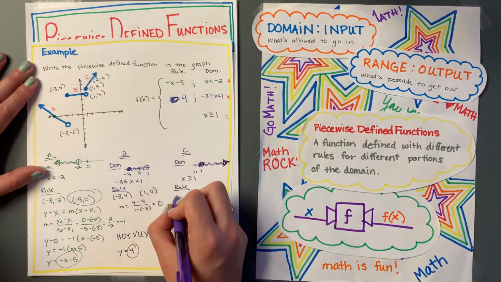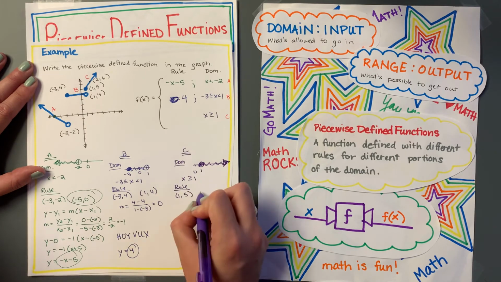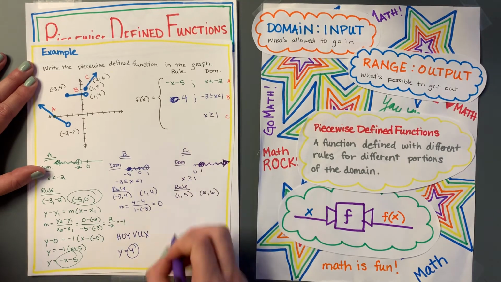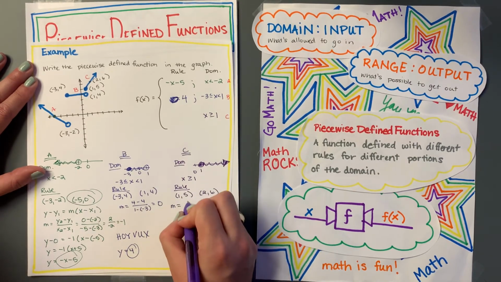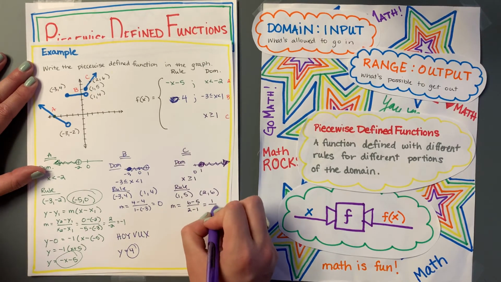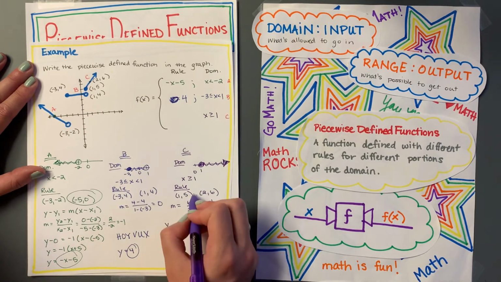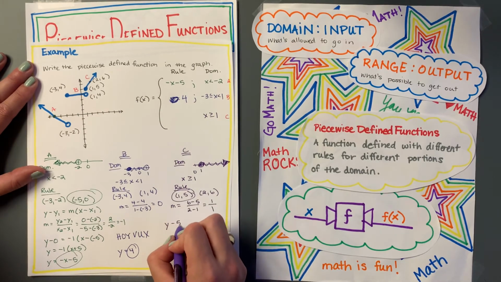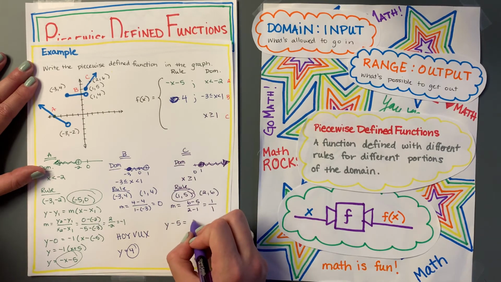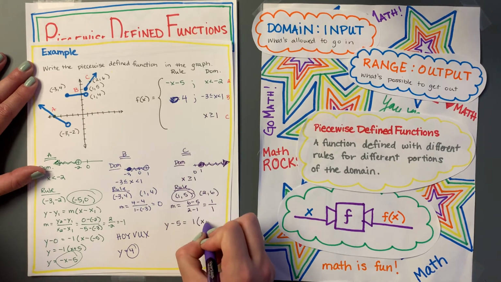So this passes through the points 1, 5, and 2, 6. So starting with my slope, I get 6 minus 5 over 2 minus 1. That gives me 1 over 1. So I'm going to go with this. Y minus 5 is equal to 1 times x minus 1.